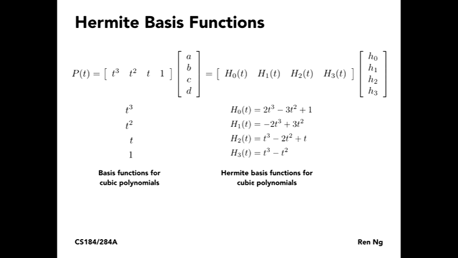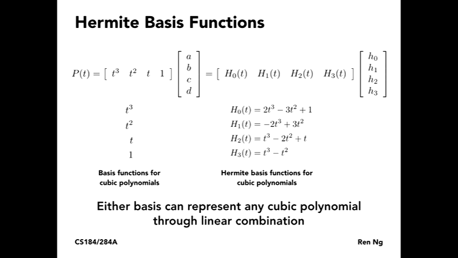One observation is that either basis can be used to represent any cubic polynomial through linear combination. You have to inspect the Hermite basis functions to make sure there are no linear degeneracies, but there aren't, from the fact that the previous matrix was invertible. So it is a basis for all cubic polynomials.